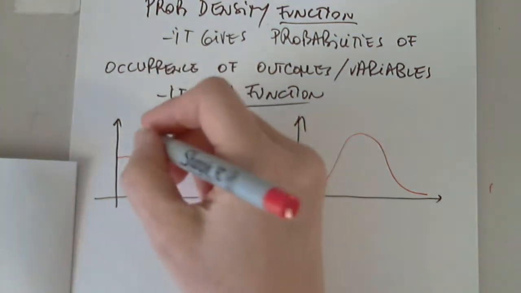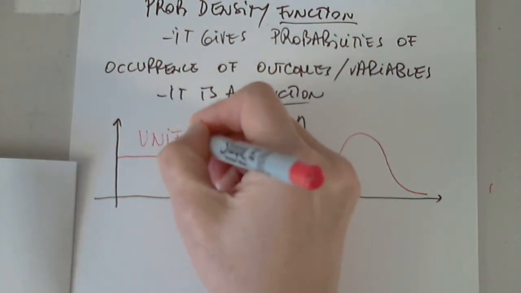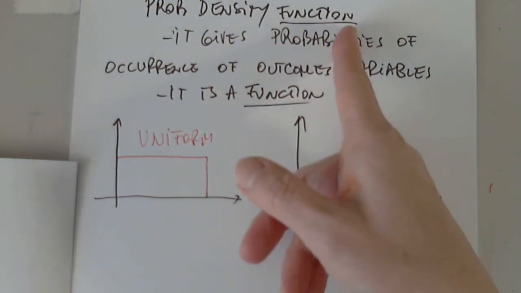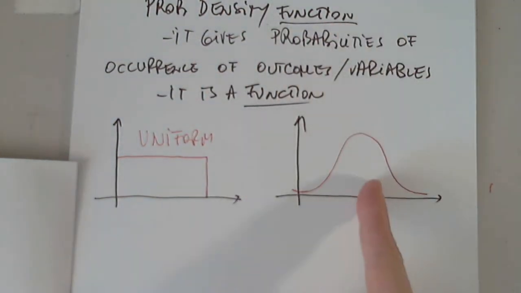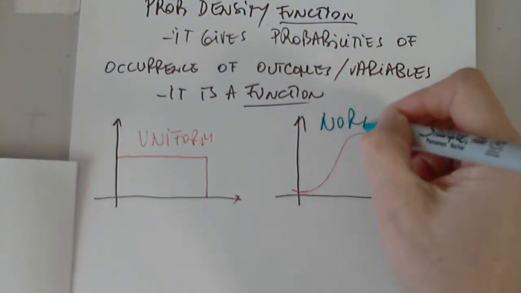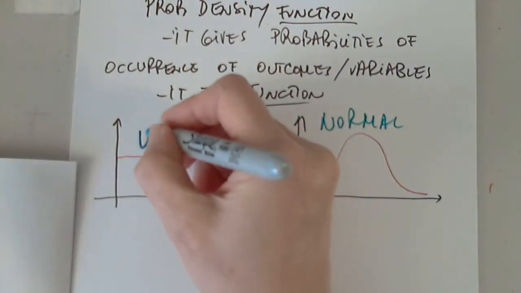This is what it's called uniform. It's a uniform probability density function. This is bell-shaped. We're going to call it normal very soon.